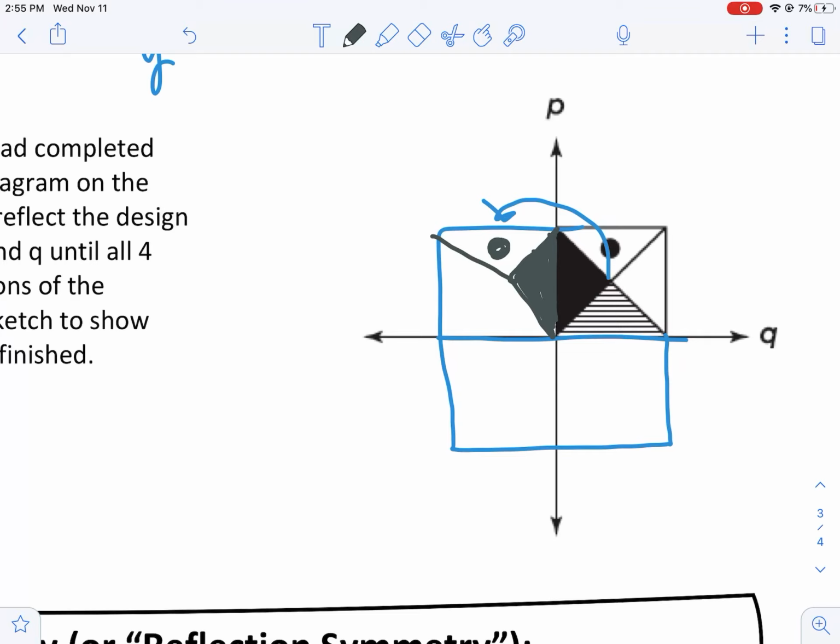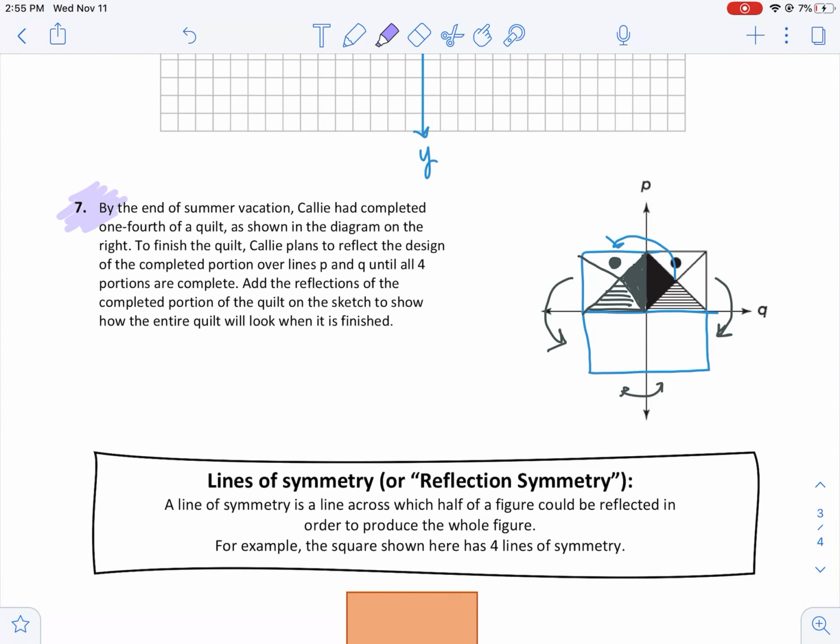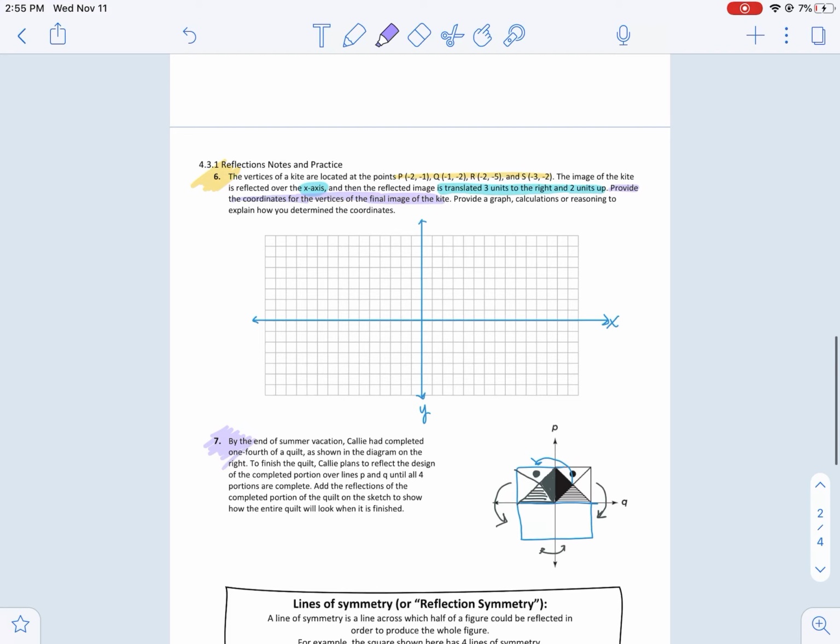Another triangle here with a black dot, a blank triangle here, and then a lined triangle here. You are then going to reflect over this way, and you can reflect this side over here. And then these should be reflecting each other. We'll see if you can figure that one out.